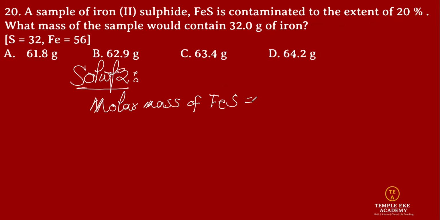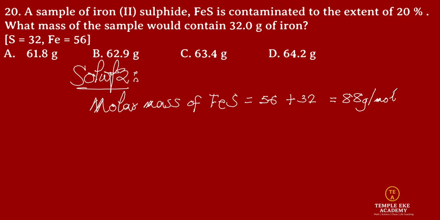And that is the relative atomic mass of iron given to us. It is 56 provided, plus the relative atomic mass of sulfur provided, and that is 32. Upon addition, we're going to get 88 grams per mole, of course, the unit of molar mass.